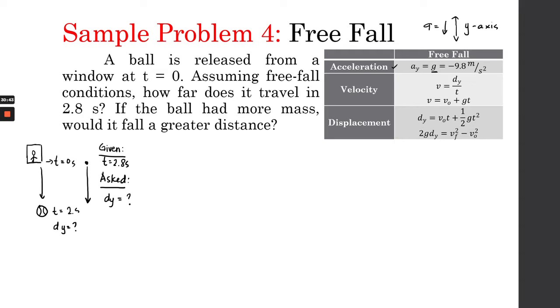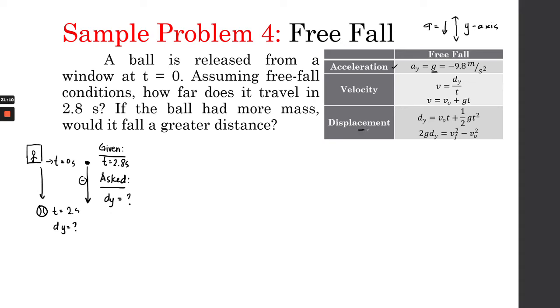And remember our configuration, anything that is below the point of origin should be on the negative sign. Okay, let's look at our equation now to see which equation we have to use to solve for this problem.